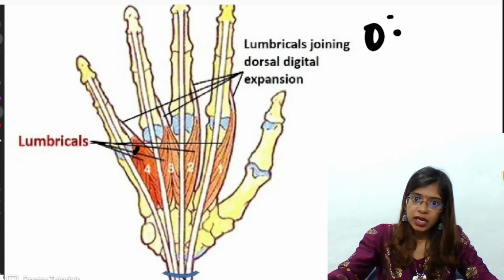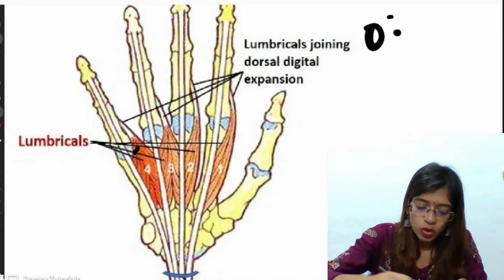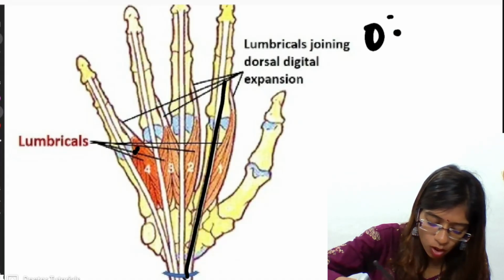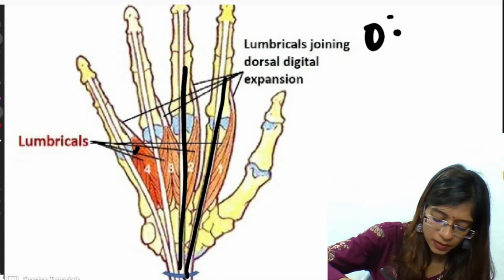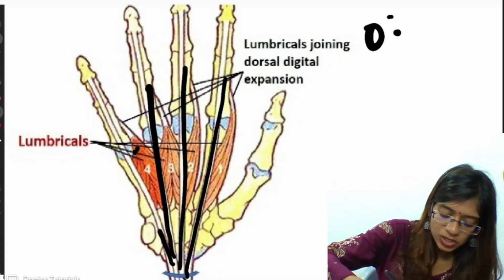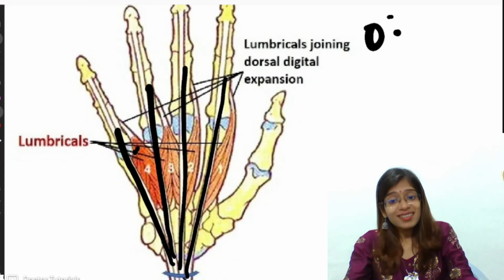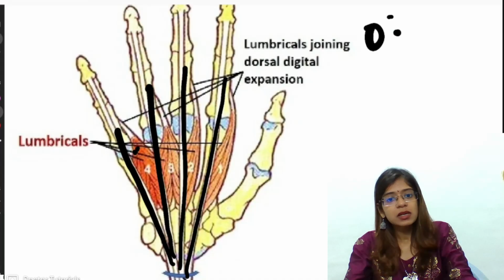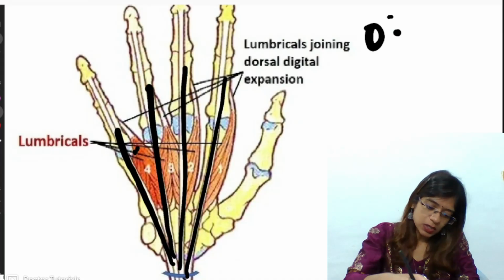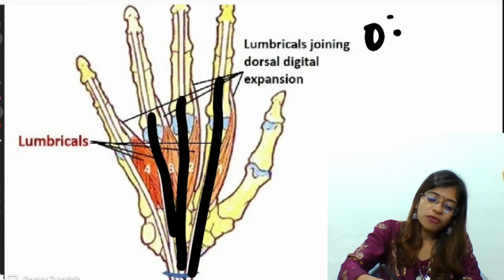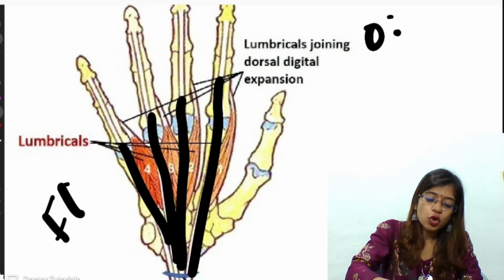Can you tell me what these structures are? I have highlighted them, and they are tendons of a muscle. Which muscle? These are tendons of flexor digitorum profundus.